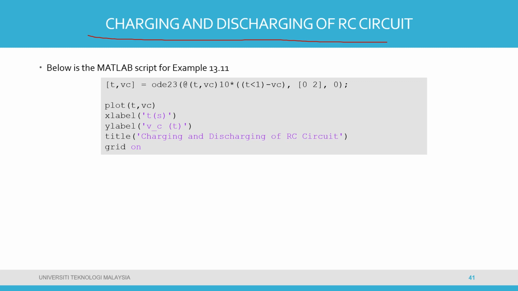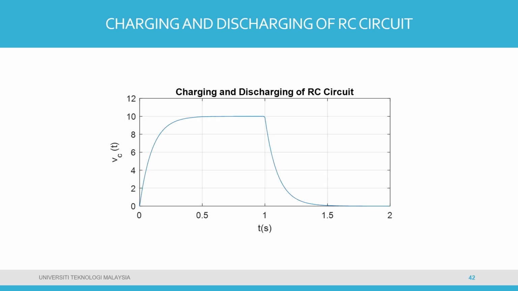Of course the same thing, you have time and the voltage, x and y. You call ODE23, of course you need the function, then the time span here, and lastly the initial condition, and then you plot it, label it, and add a grid. So this is the result.